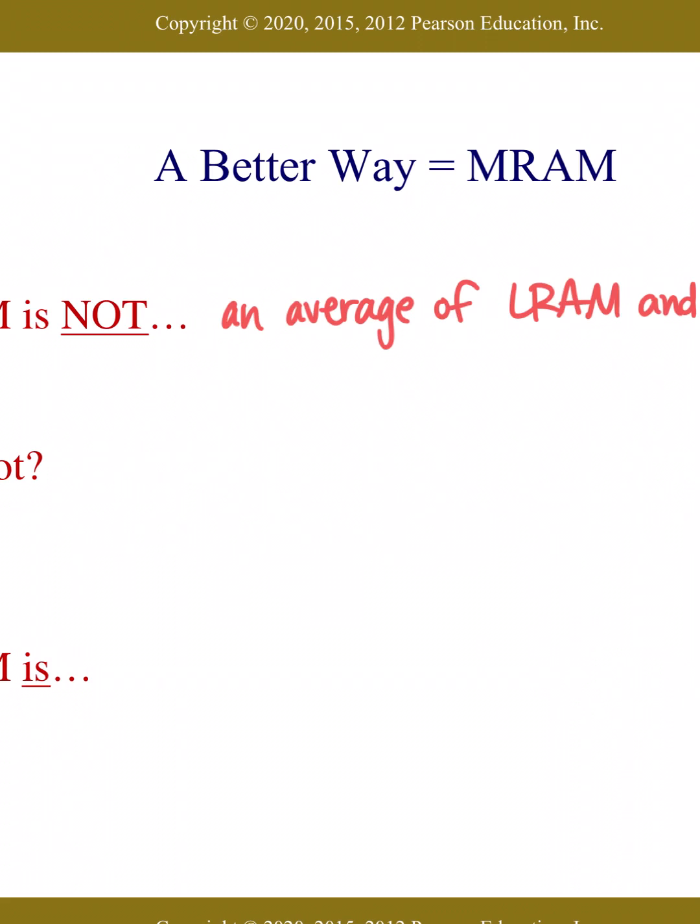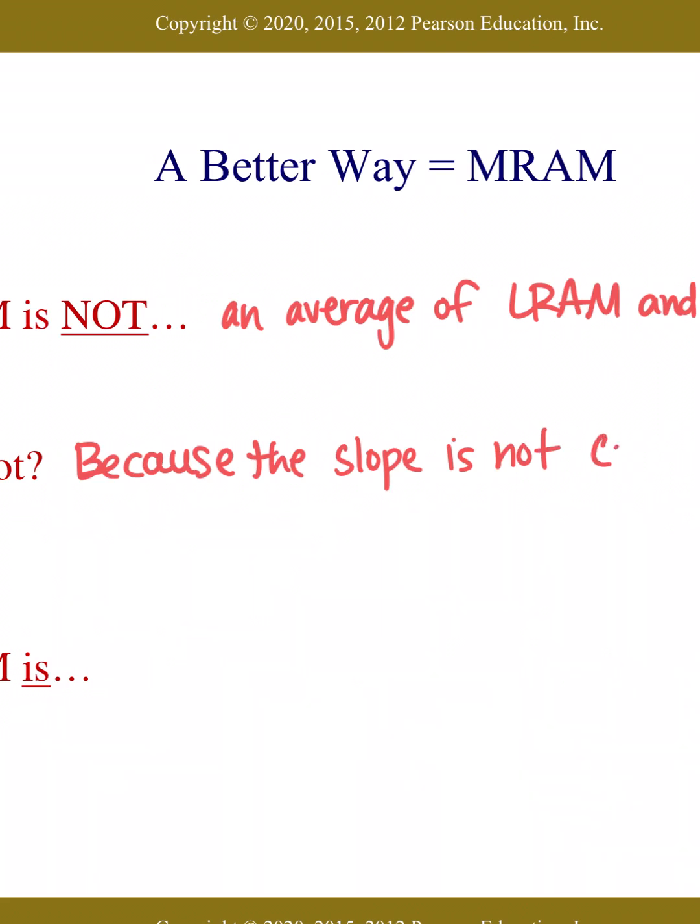So why not? Because it has curve. Okay, because the slope is not constant. If the slope was constant, it would be a linear function. And then that's the only instance when LRAM and RRAM would truly be an average of an MRAM.